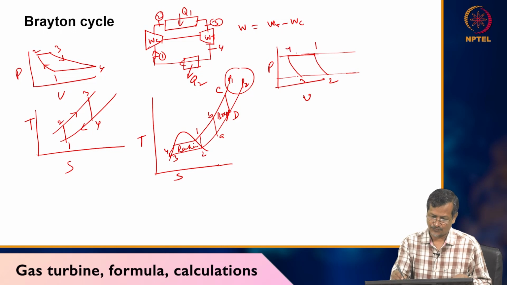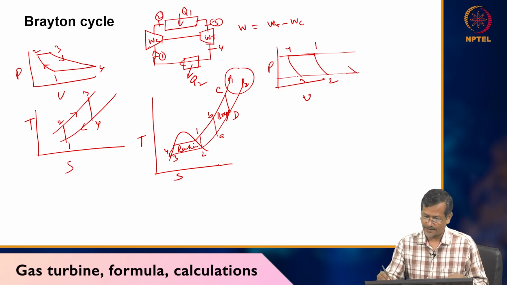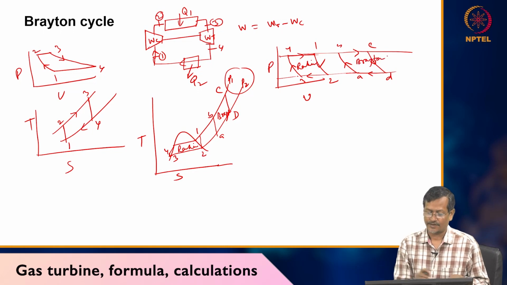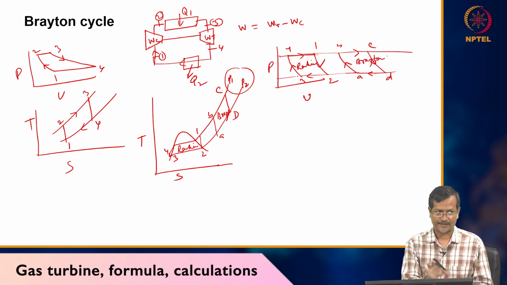So 3, 4, 1, and A to B compression happening, D, C. This is your Rankine cycle, this is Brayton cycle. You can see the difference between Rankine cycle and Brayton cycle from these figures.